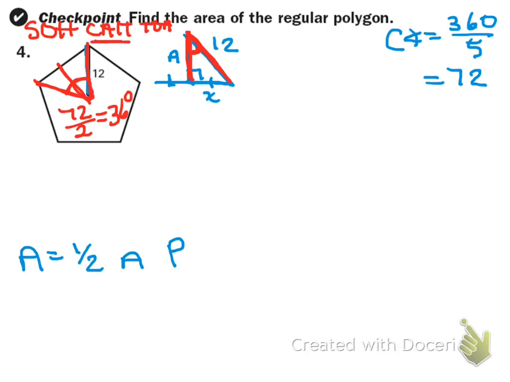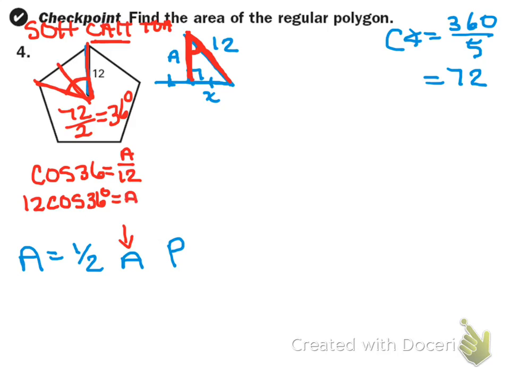So, to find your apothem, you would use the cosine of the 36-degree angle would be equal to the adjacent side, which we have labeled A, over the hypotenuse that they have given us, which is 12. To solve this equation, multiply both sides of the equation by 12, so you end up with 12 times the cosine of 36 degrees is what your apothem is equal to.